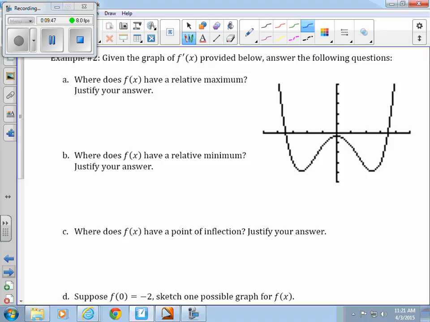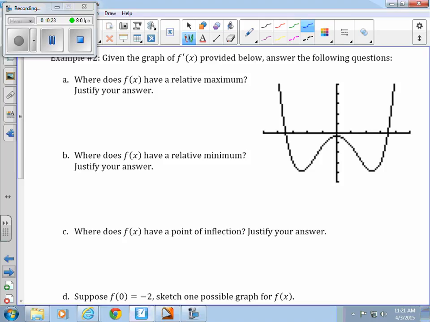Okay, given the graph of f prime provided below, answer the following questions. Where does f of x... What is that the graph of?